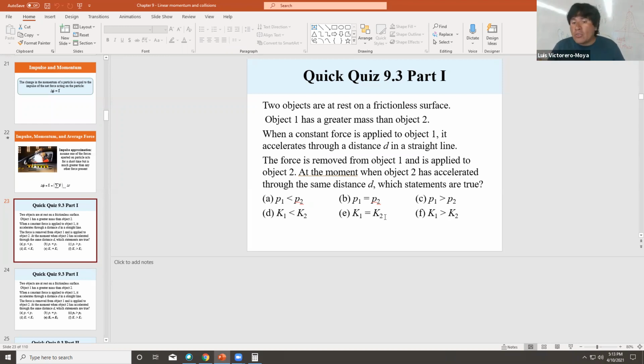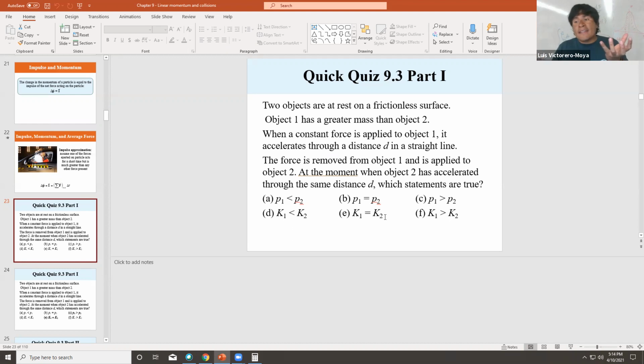So what can we say about momentum? Actually, we know. If one mass is less than the other, that means that mass will have more acceleration. More acceleration means more speed. That means that the final velocity of object 2 will be greater than the final velocity of object 1. Because by Newton's second law, the net force equals mass times acceleration.